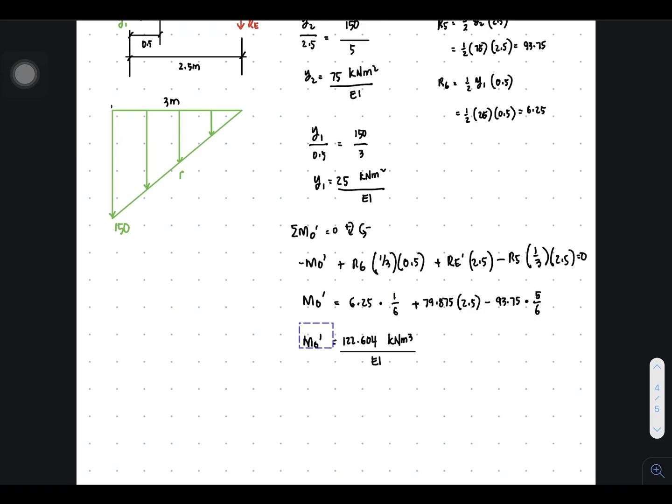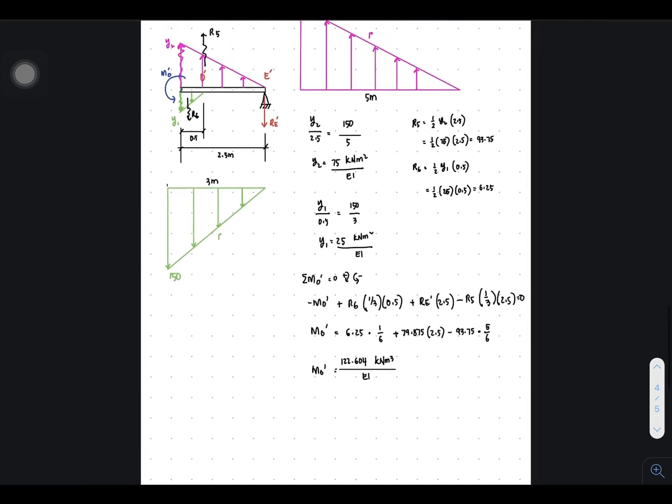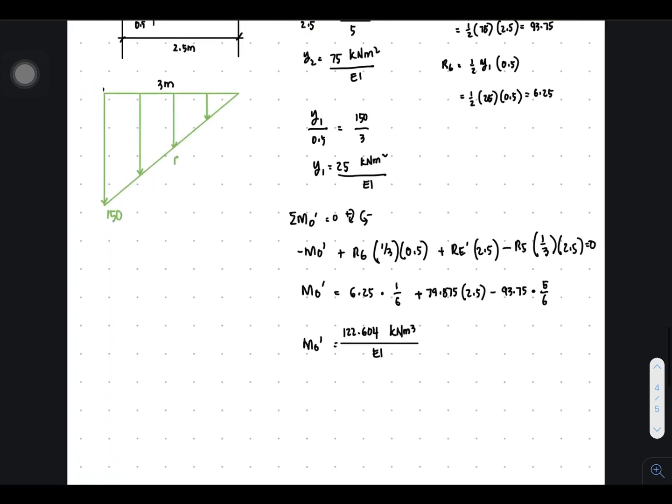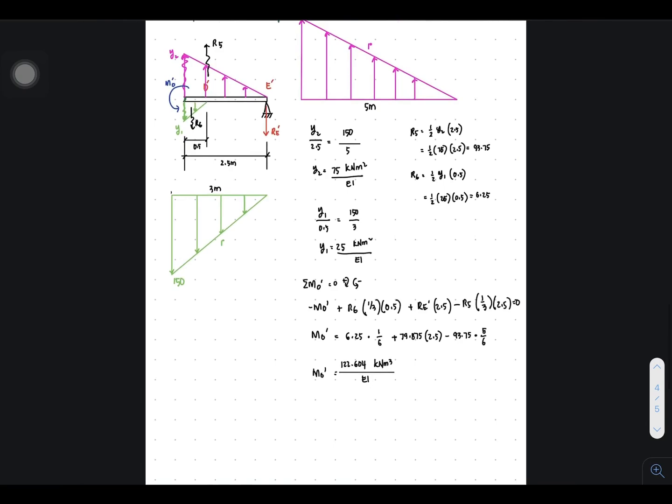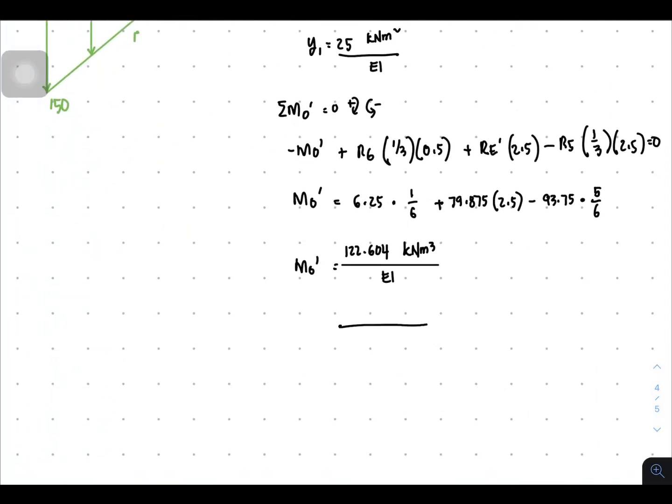It says here that it's positive because we arrived at a certain direction, which is counterclockwise. So if we take counterclockwise with that beam, the effect, this is the beam and this is the loading RE prime, and this is the counterclockwise MO prime. So it will create a negative moment.